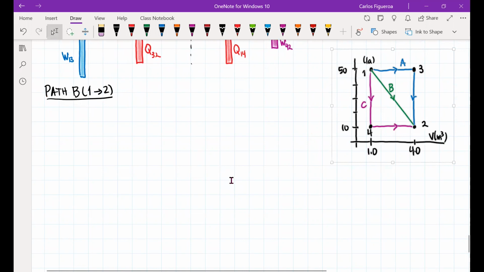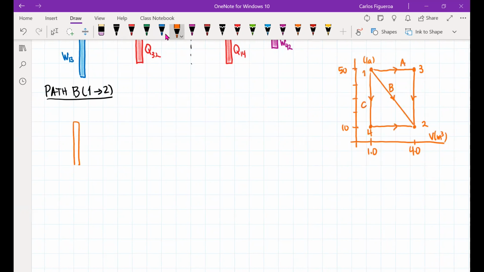In each situation, what do I have? Well, I know that my internal energy starts off like this. So I'm going to look at this possible path and this possible path.